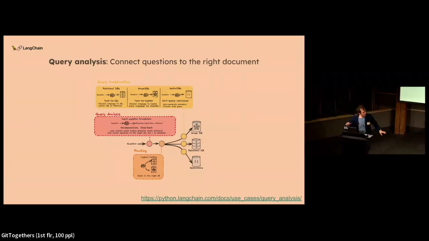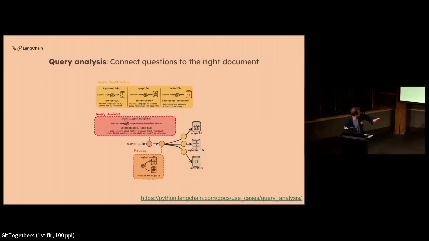I think there are a lot of approaches for query analysis. I have a whole RAG series that talks a lot about query analysis. I think in the world of long context LLMs, this stuff still all exists and is still important. The challenge is you're trying to take questions and route them either to the right database or to the right document. This probably doesn't change too much with long context LLMs.